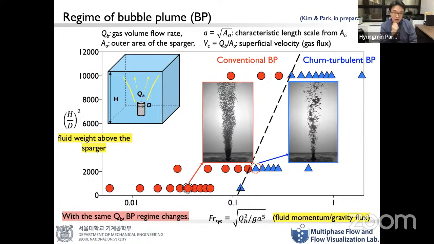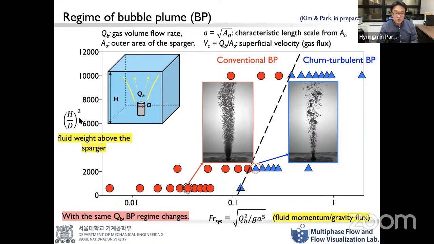Okay, so that is a very nice question. So actually, yes, you are correct. So here the key is whether you have the conventional bubble plume or the turbulent one. Our constant variable is that we inject the same amount of gas from the bottom, right?